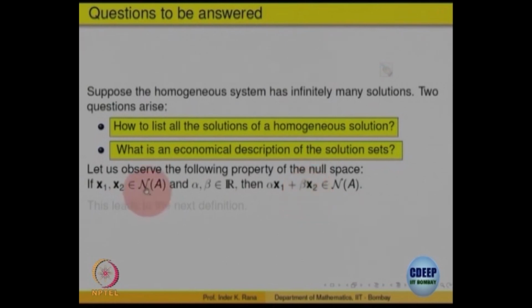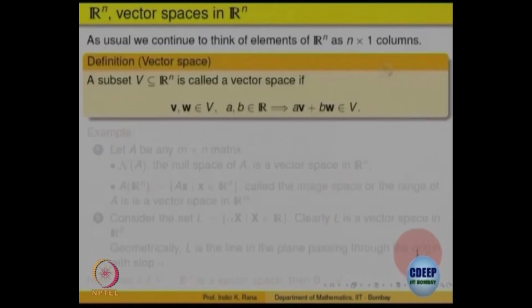So, it says that this null space, the solution of the homogeneous system, has a nice property: if I take two elements in it and take a combination alpha x1 plus beta x2 of them, that again is also a solution, right. So, this property we want to make into a definition, a general definition now, for which the null space of A will be a particular case.